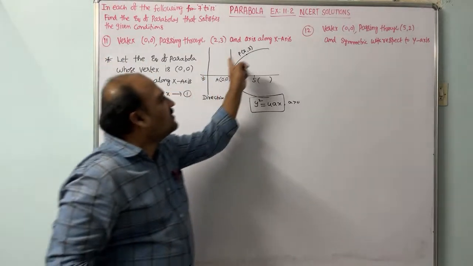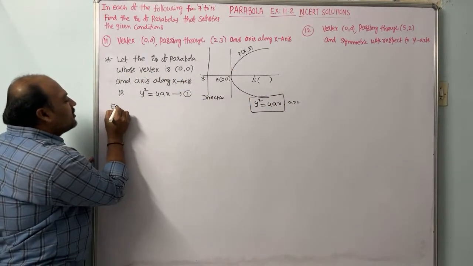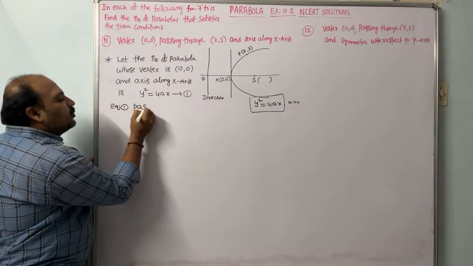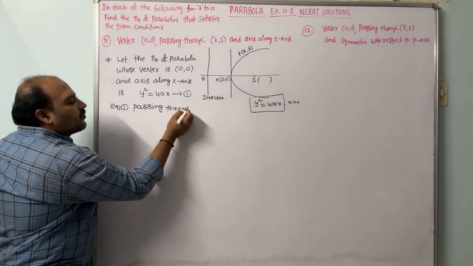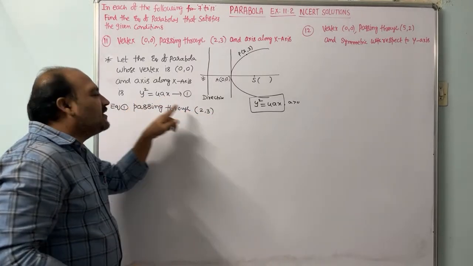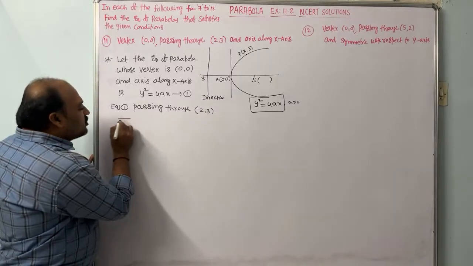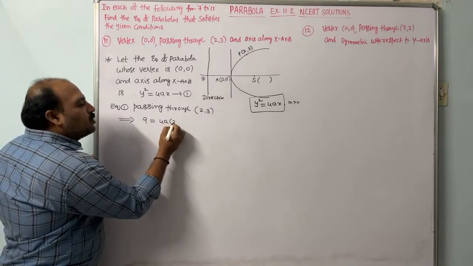This equation is passing through which point is given? 2, 3. Equation 1 passing through 2, 3. In place of x and y, substitute 2, 3. So what comes here? 9 equal to 4a into 2.